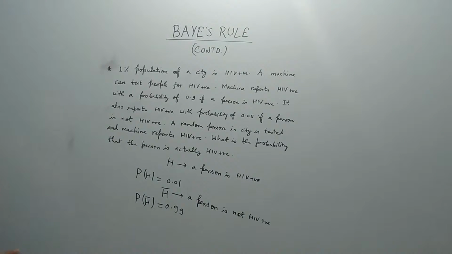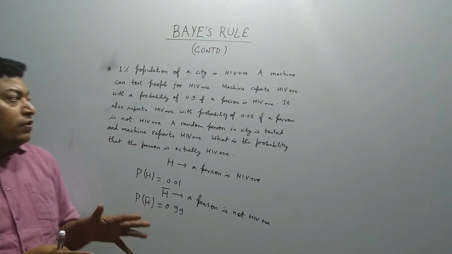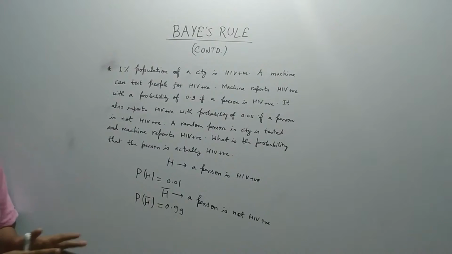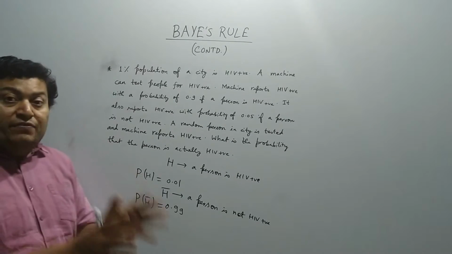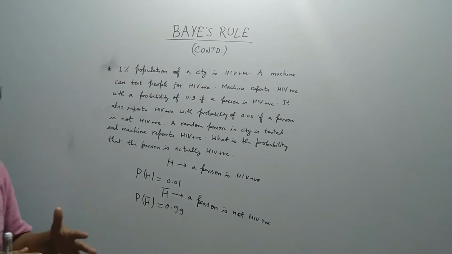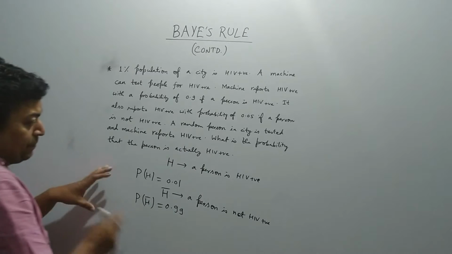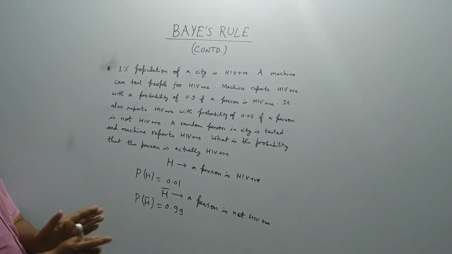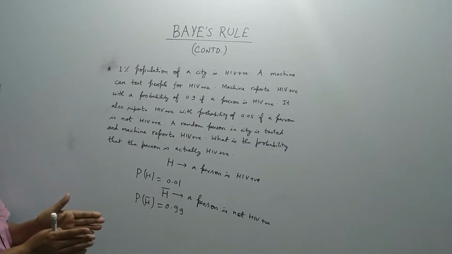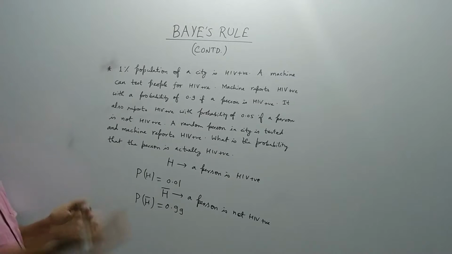In the last videos, I told you that one important step in these problems is to identify the main event. Main event means the event which happens with many other events. So which event happens with H and H bar? That event is machine declaring HIV positive.